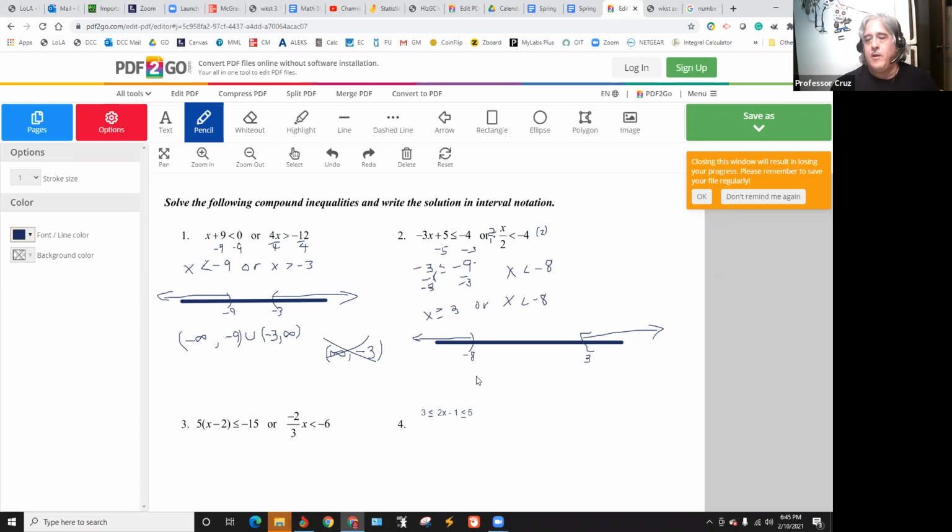For the interval notation, negative infinity up to -8, but not including -8, union, and then 3 up to infinity.